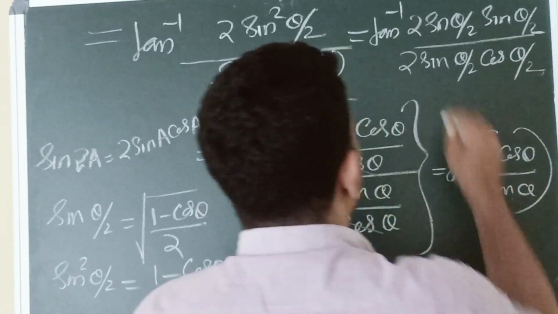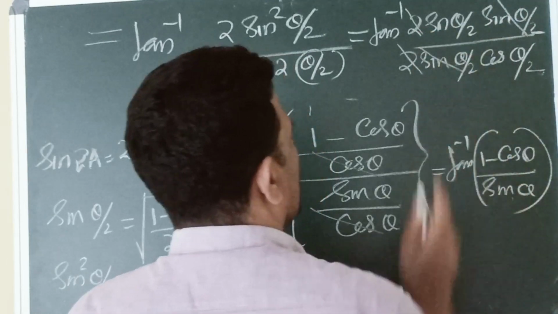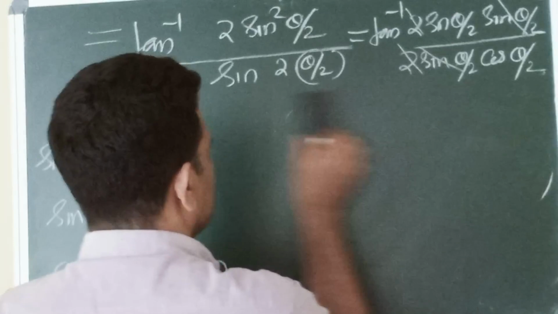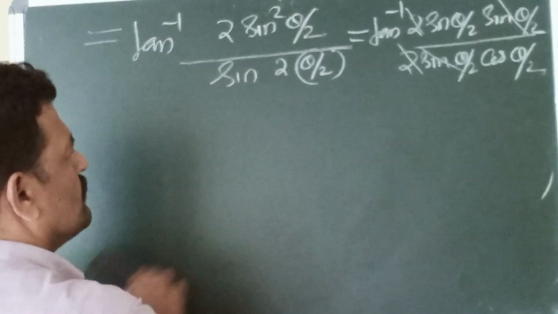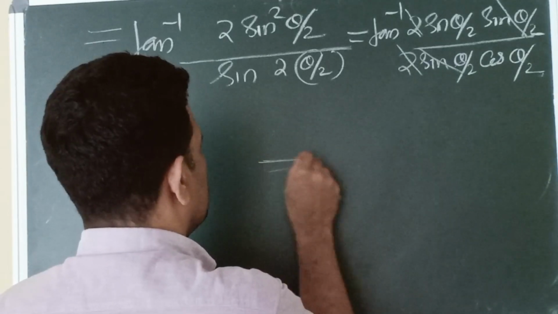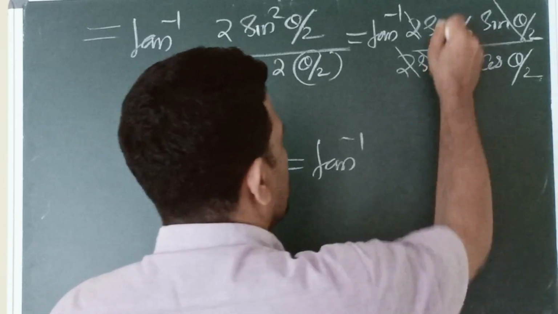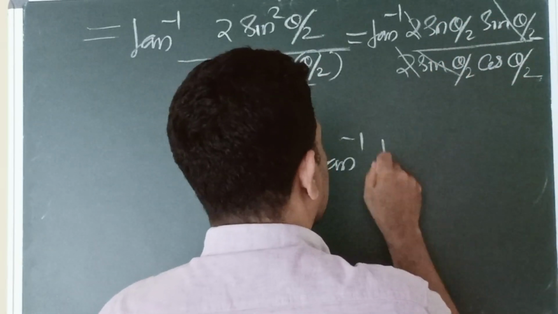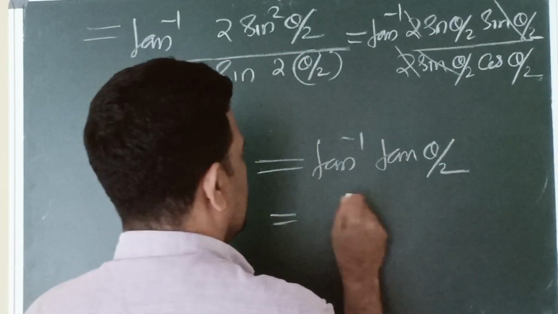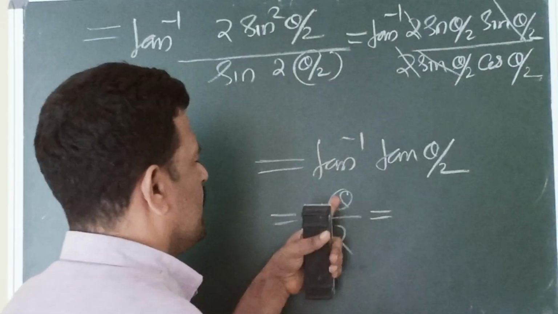Now 2 cancels, and sin theta by 2 cancels. The remaining term is tan inverse sin theta by 2 divided by cos theta by 2, that is tan theta by 2. That is tan inverse tan is theta by 2. Therefore the simplest form is theta by 2.